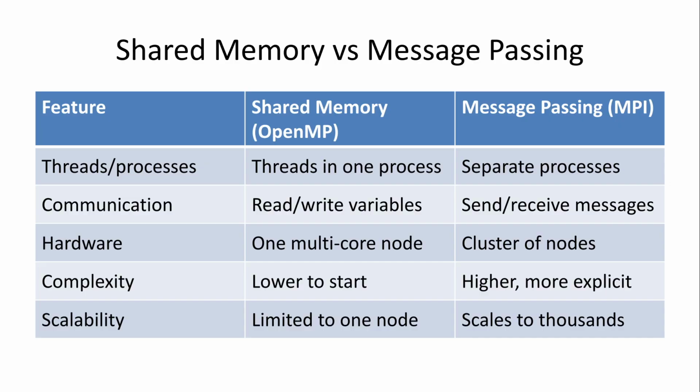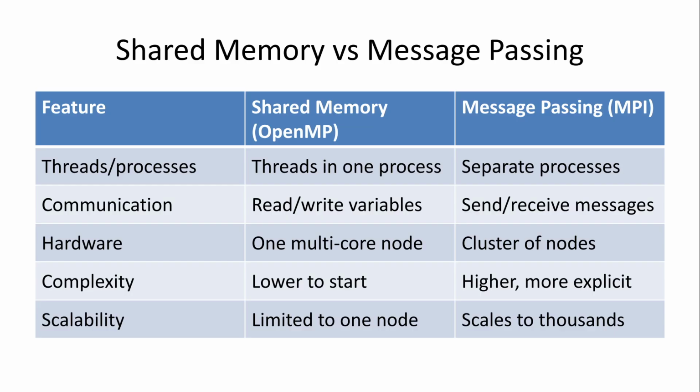From the complexity point of view, shared memory programming is very easy to start with and understand, so you can quickly start writing code using OpenMP. MPI, or message passing, is slightly more complex, and you have to deal with the distribution of work more attentively.